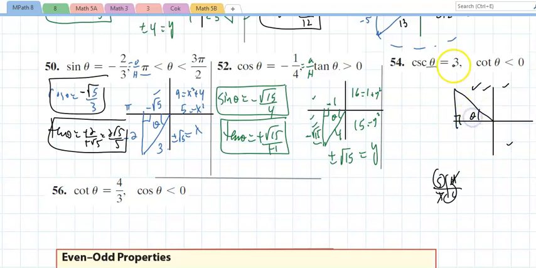There's theta. Keep in mind that's over 1. And isn't this the hypotenuse over the opposite? The hypotenuse is a 3 and the opposite is a 1. And how do you find the missing side? You say hypotenuse squared equals 1 squared plus x squared. 8 equals x squared. X equals plus or minus radical 8.